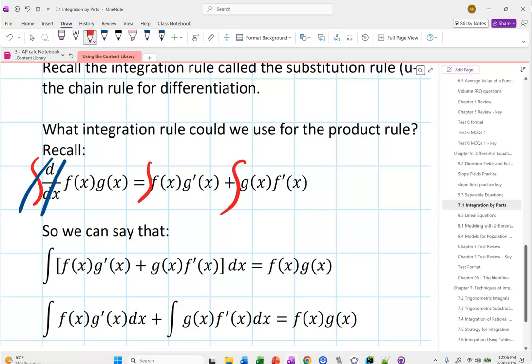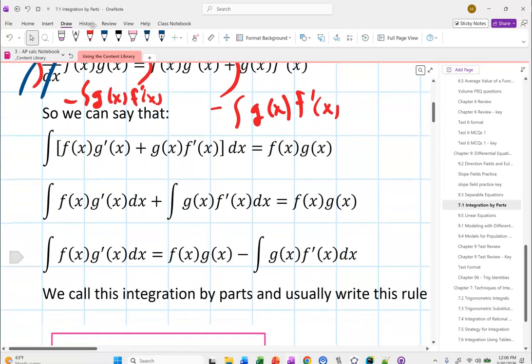And then we could subtract this integral from both sides, and we'll end up with something like this: the integral of f of x times g prime of x equals f of x times g of x minus the integral of g of x times f prime of x.